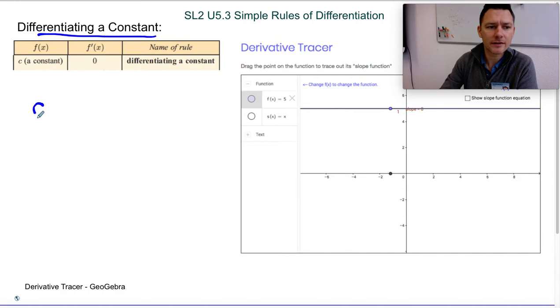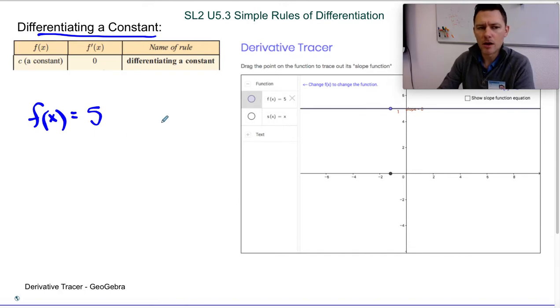Differentiating a constant is sort of like saying that we have a function f of x, and it's not something fun or neat like x plus 2x plus 3 or 2x squared plus 3x. It's something kind of boring like 5, right?